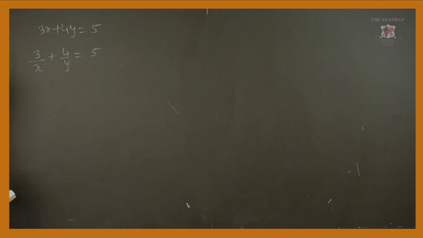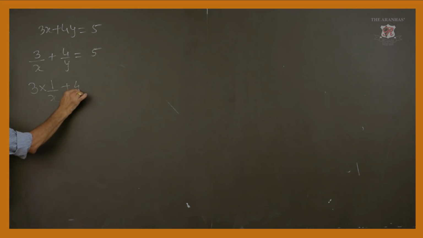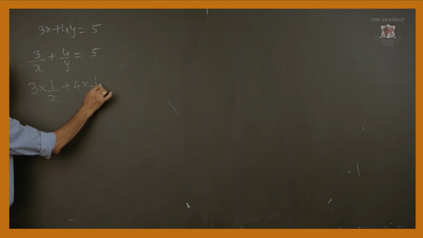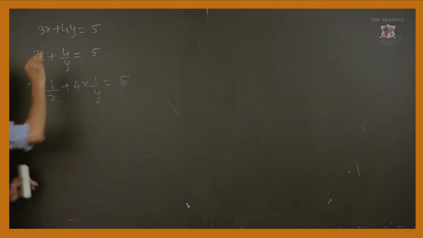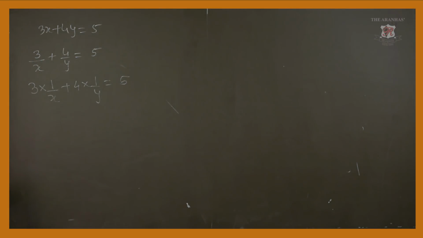For that, what we have to do is, 3 upon x is there, so I will write this as 3 into 1 upon x plus 4 into 1 upon y is equal to 5. I just wrote 3 upon x as 3 into 1 upon x, and 4 upon y as 4 into 1 upon y.